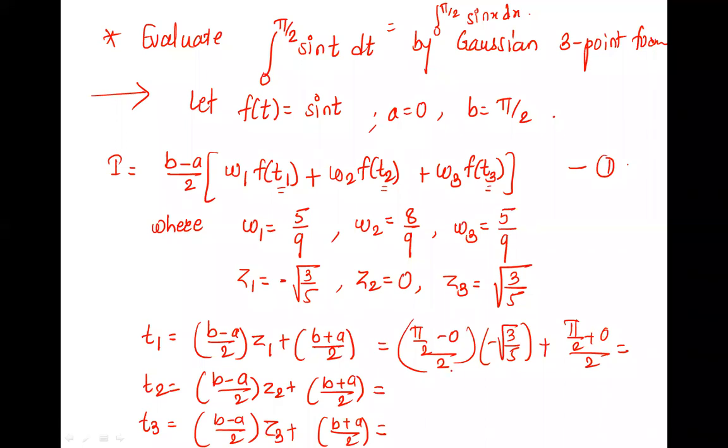It is pi by 2 by 2, that is pi by 4 into minus root 3 by 5 plus pi by 4. Pi by 4 equal into minus bracket square root bracket 3 by 5 bracket complete plus pi by 4 plus shift. किती येते?